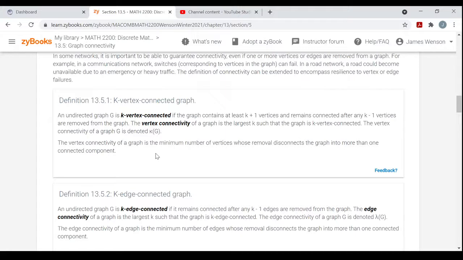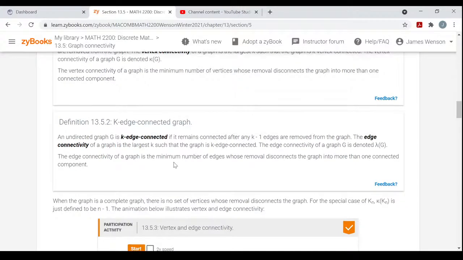And if it's 5 vertex connected, that means I could remove any 4 and it would still be connected, any 4. But then when I get to there is a set of 5 I could remove, and then it would be disconnected. We'll see some pictures and examples in a minute.